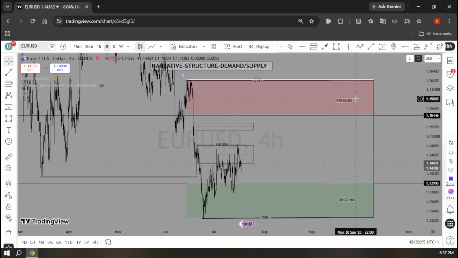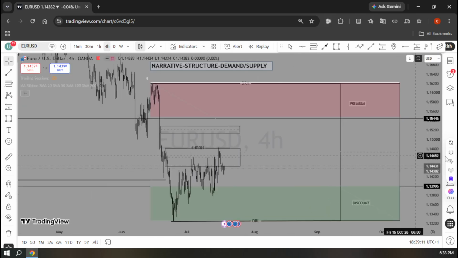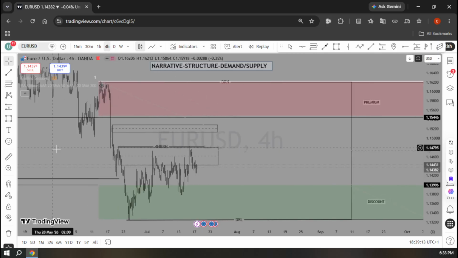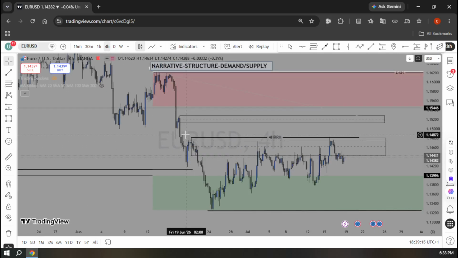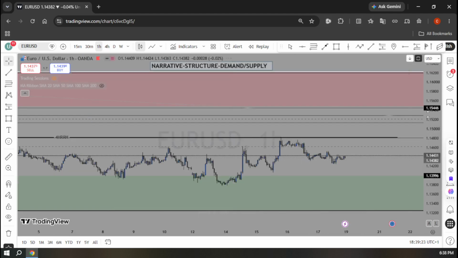We want to be selling from anywhere around here when we see a change of character or a break of structure. We want to be buying from this area when we see a change of character and a break of structure. And yes, the market has given us several internal change of characters and break of structure on the smaller time frame, which is on the 1-hour.